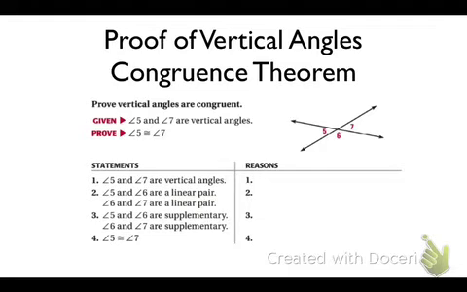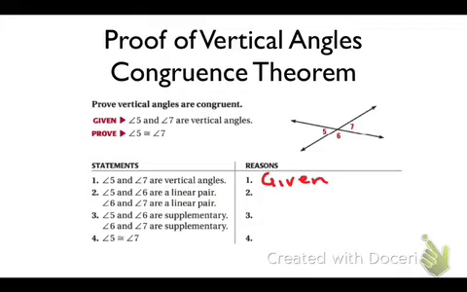Let's start off with, obviously, I don't have to tell you this, but I want to just repeat myself again. The first reason is always given. We always bring in a piece of given information. In this case, we only have one piece. But we always bring that in, and the reason is always that it was given information. We've got to start somewhere in the proof, and we start with the given information.